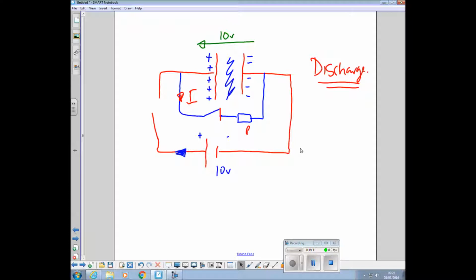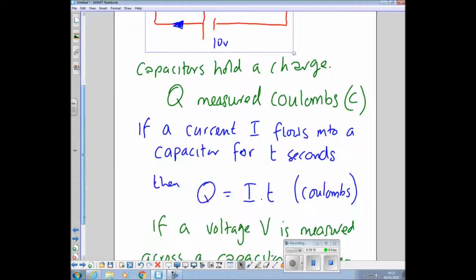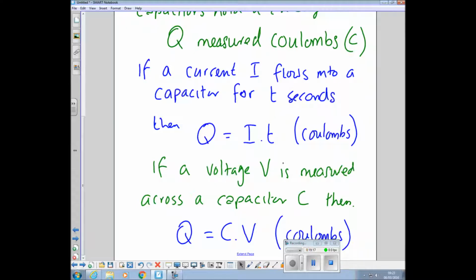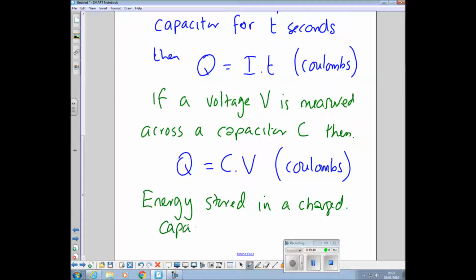One last formula, and I think we'll put it on the slide before with the other stuff, is energy stored in a charged capacitor.